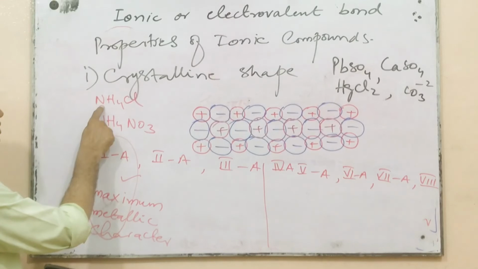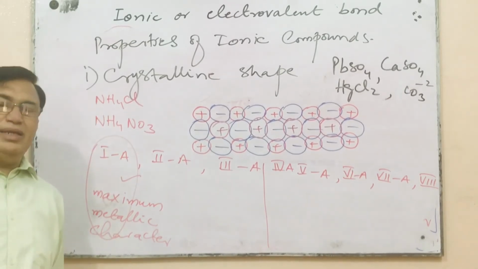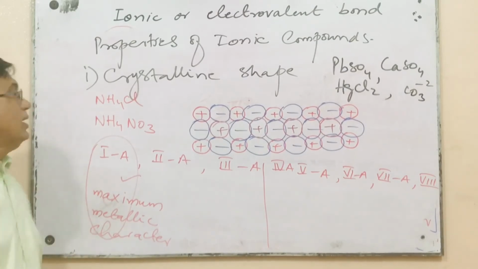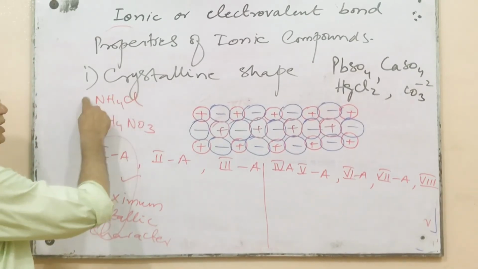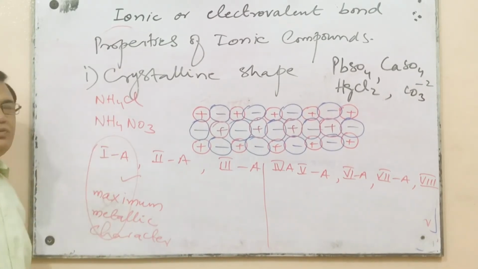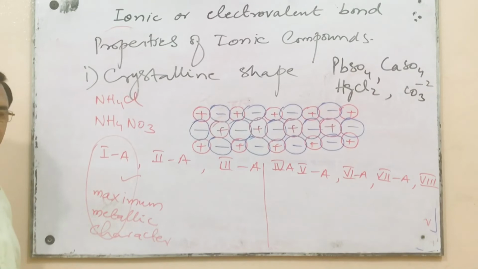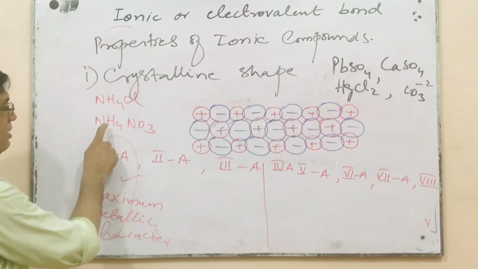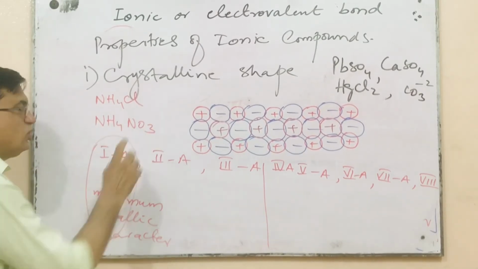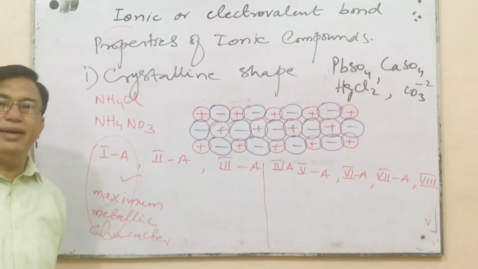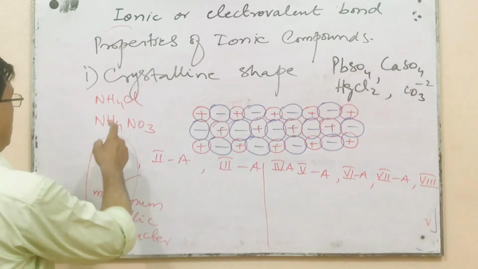In the ammonium ion, covalent bond is also present, and the ammonium ion itself is an ion. Chloride is an ion. So this compound contains three types of bonding: ionic, covalent, and coordinate also. In a similar manner, ammonium nitrate also contains three types of bonds: ionic, covalent, and coordinate covalent bond.